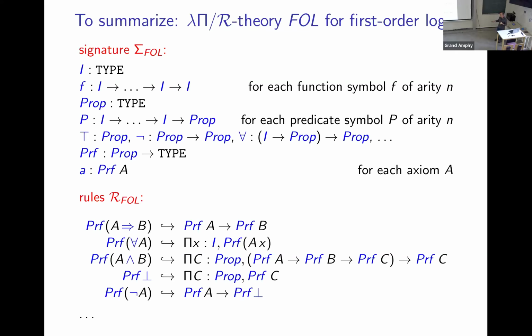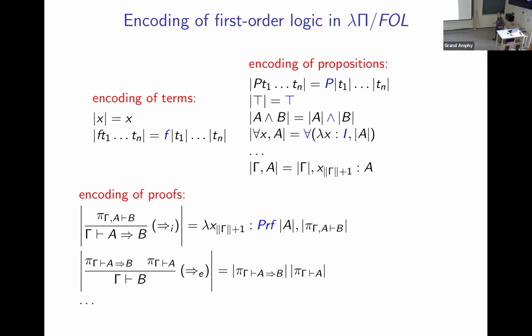I do not give the rules for all the usual connectives, but it's possible to do. And so this defines the theory representing first order logic in lambda pi. And so we can define the encoding of terms, which is straightforward, and the encoding of propositions.